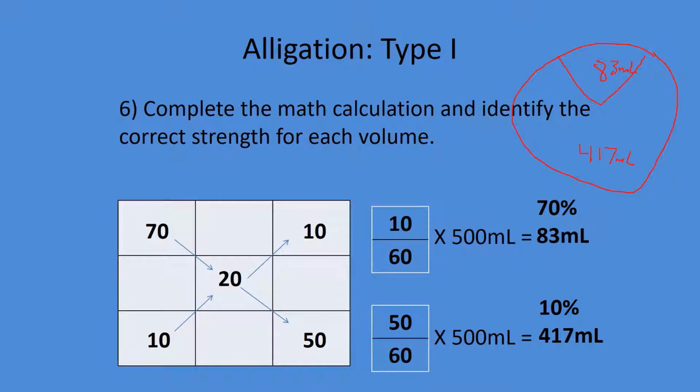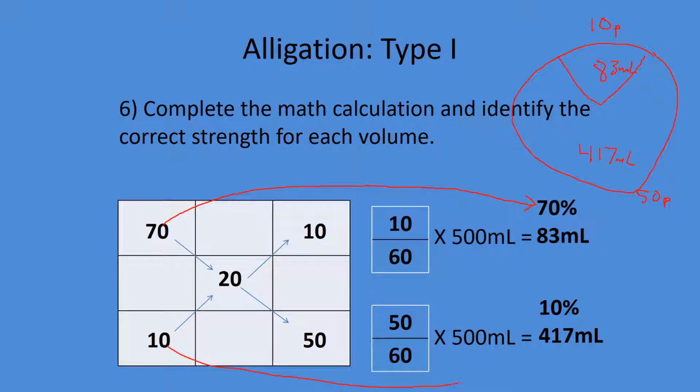So we know the volumes, but it's very easy to mix up the volumes, mix up the concentrations. So in order to label, just follow the concentration straight across. So here's the 70%. So the 83 mLs goes with the 70%.